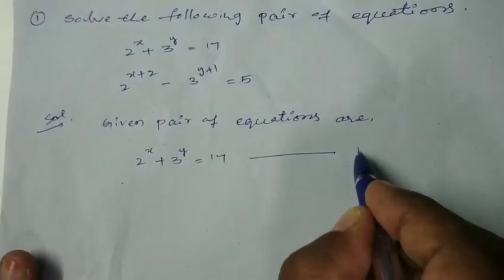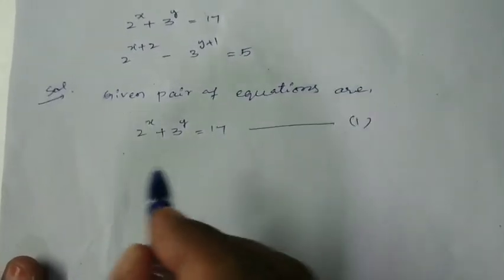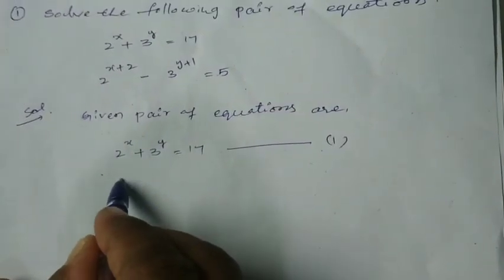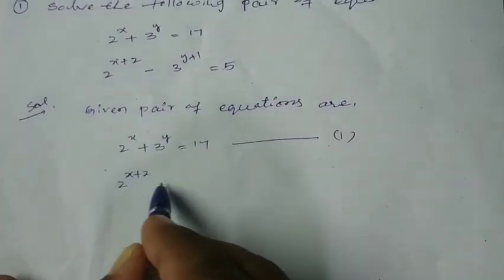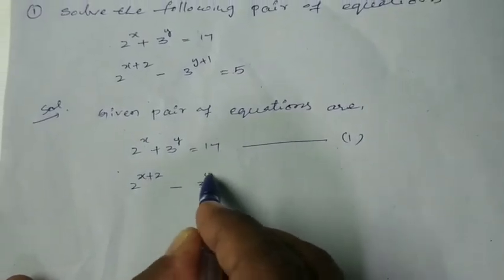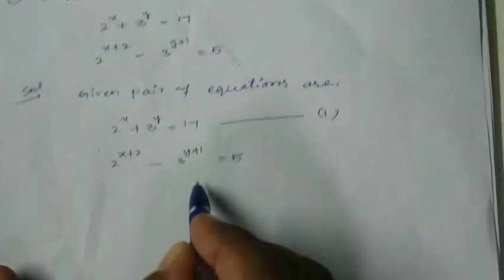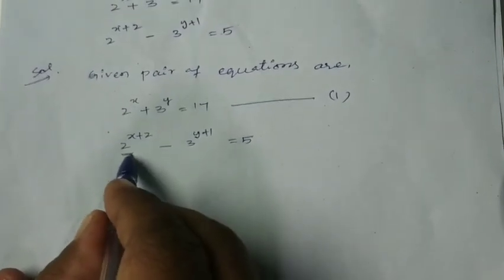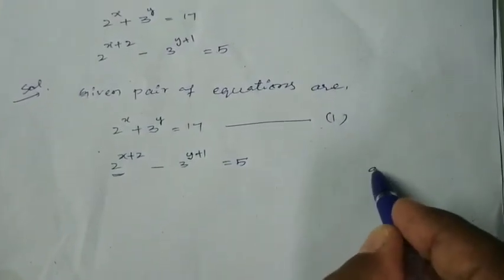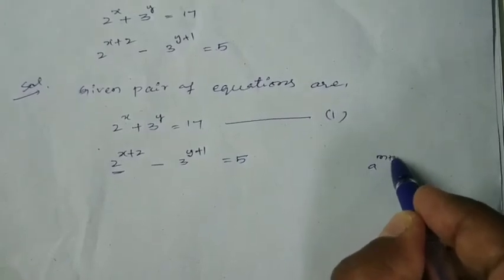It is equation 1. Next one is 2 power x plus 2 minus 3 power y plus 1 is equals to 5. 2 power x plus 2, it is in the formula form a power m plus n.